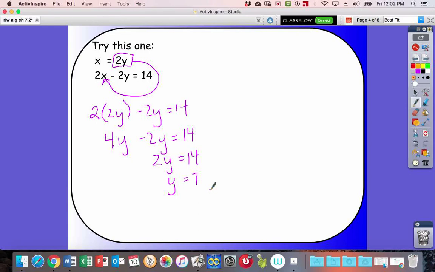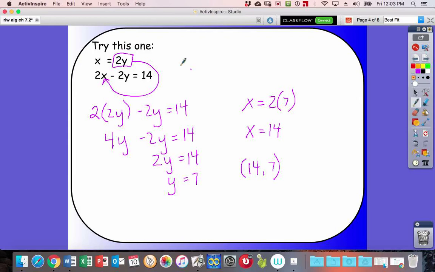I need to know what x is. I'm going to plug this y equals 7 into one of these equations up here. I'm going to pick the first one because I want to do it the easiest way possible. And I know y is 7. And when y is 7, x must be equal to 14. If you graph those 2 lines, you would get them to cross at (14, 7), that point.